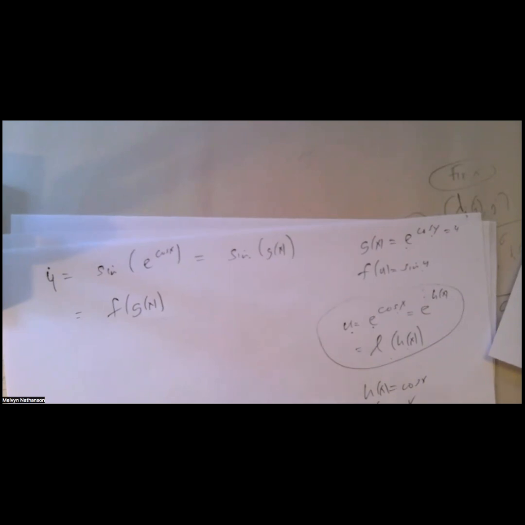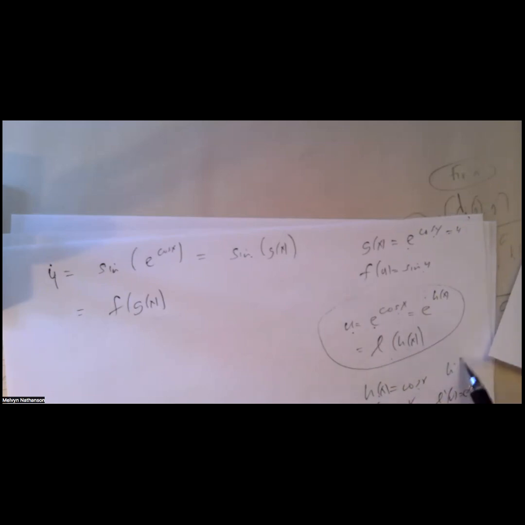So du dx, or g prime of x, is the derivative of L. L prime of v is e to the v. If h of x is cosine x, h prime of x is minus the sine of x, which gives minus e to the cosine x, sine of x.